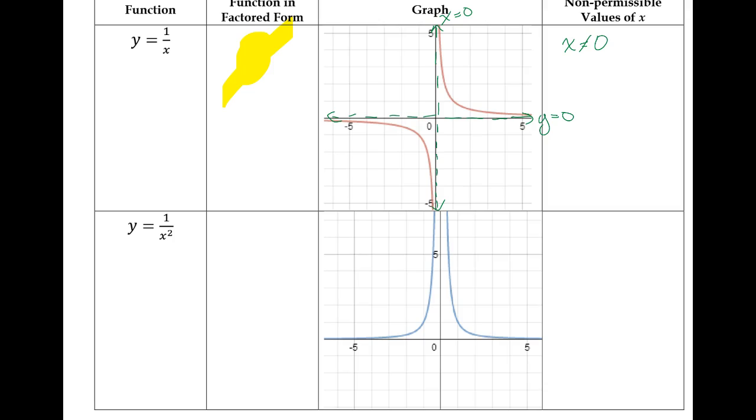When we look at the next one, just to give you a point of reference, if we just looked at the denominator polynomial, it would have looked like this. Okay, and so you'll see that we get that vertical asymptote where our original graph crossed the x-axis, where y was equal to 0, where that output was equal to 0.